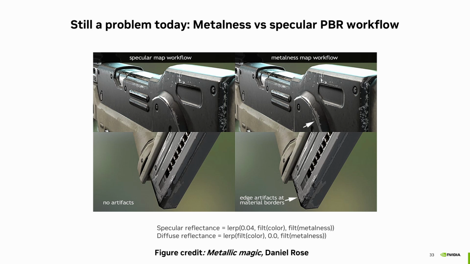However, interpolating base color and metalness results in halos and visual artifacts that are very similar to non-premultiplied alpha blending. And it is caused by exactly the same nonlinearity of multiplication. Again, multiplication and other nonlinear operations do not commute and cannot be swapped with filtering.